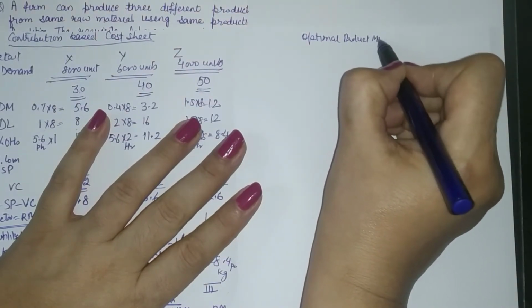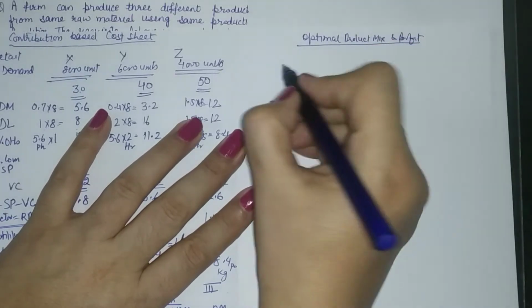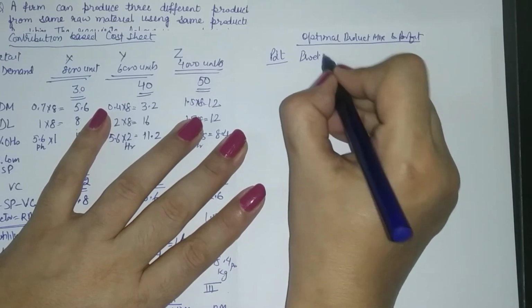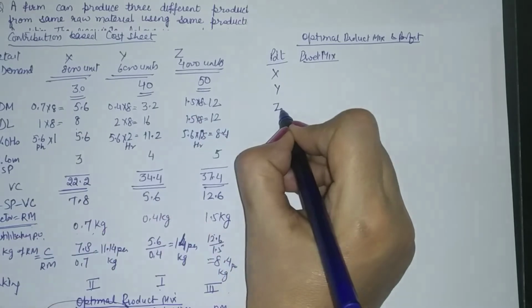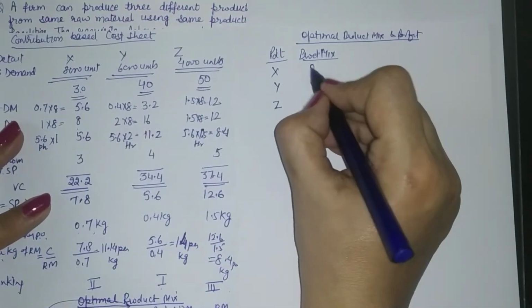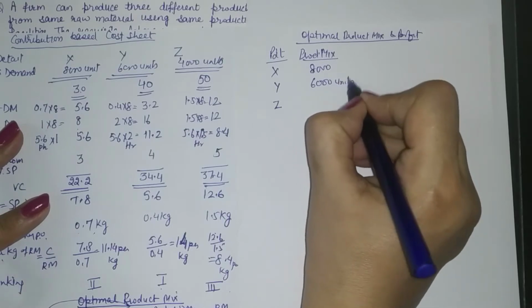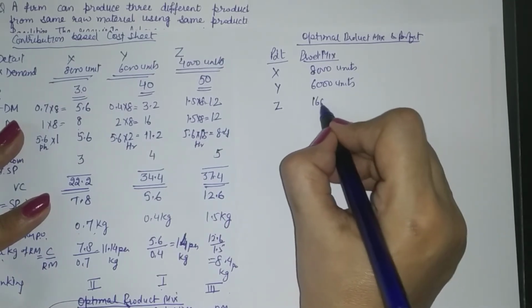So our optimal product mix is now written as, we can directly make the calculation of profit also. So our product mix, now we can write it in the order X, Y and Z. For X it is going to be 8,000 units, for Y it is going to be 6,000 units, okay, and for Z it is going to be 1600 units.